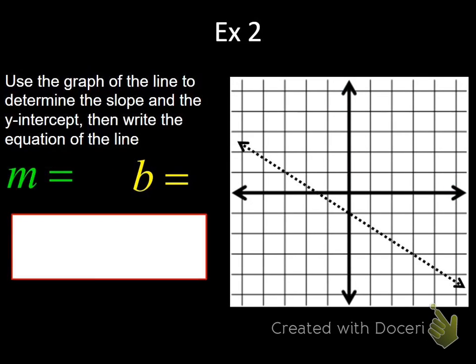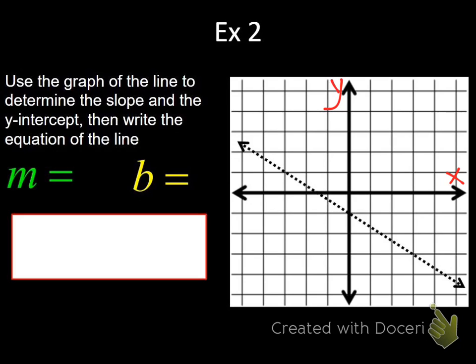All right, example number 2. Riley, what's the first thing I have to identify? The x and y axis. Okay, and after I do that, then what? You find the y-intercept. Okay, I'm going to find the y-intercept. What's y-intercept mean? Anybody help out?